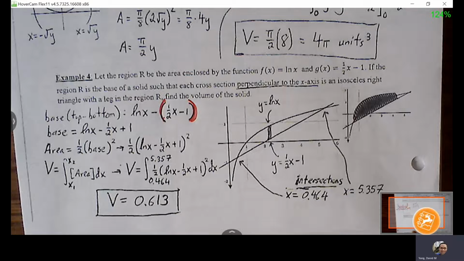And let me know if you have any trouble with your calculator, finding the intersection, graphing, zooming in.